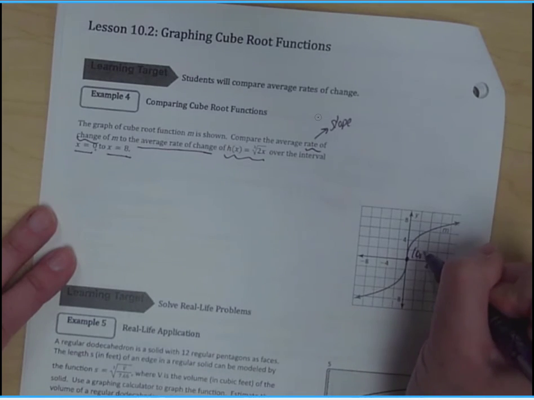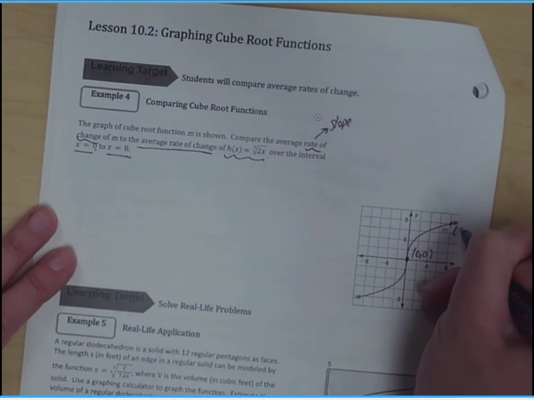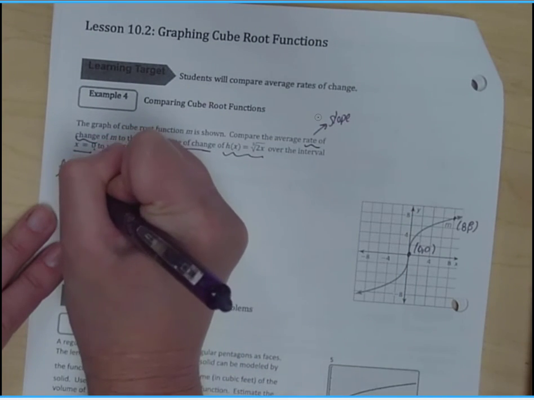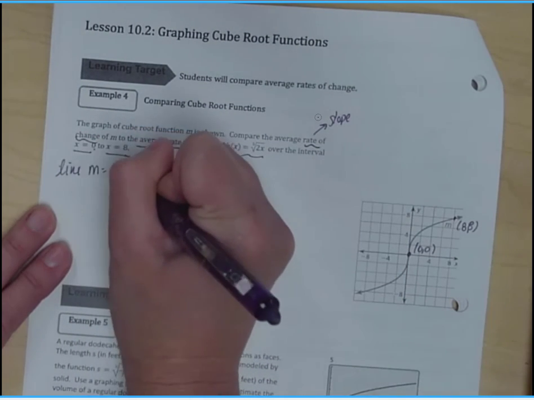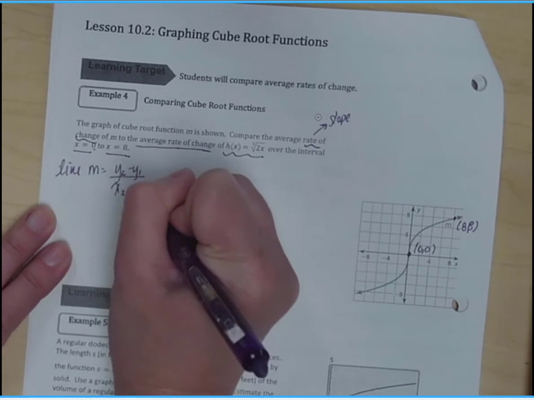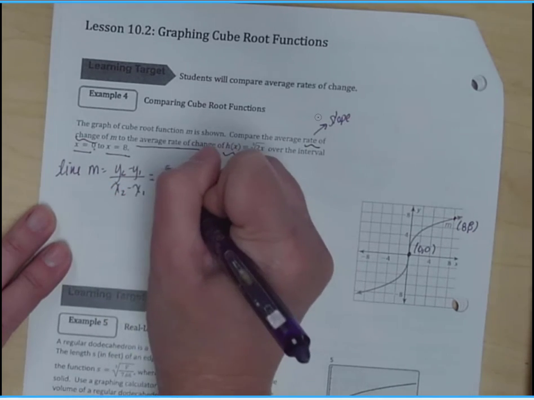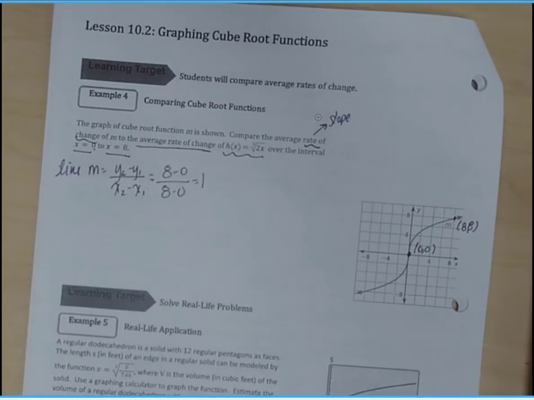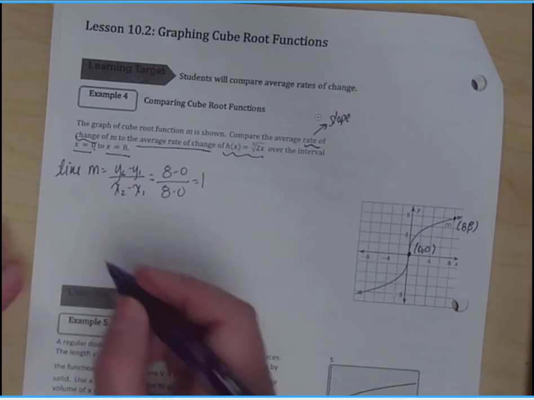So right here I have 0, 0, and 8, 8. So line M, I want change in y over change in x. So I've got 8 minus 0 over 8 minus 0. So the slope of that line is 1.